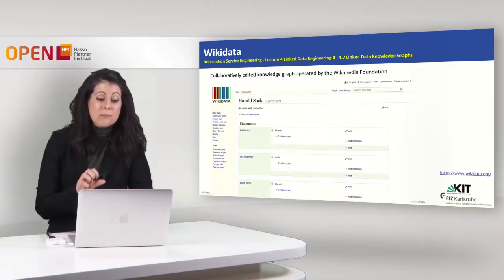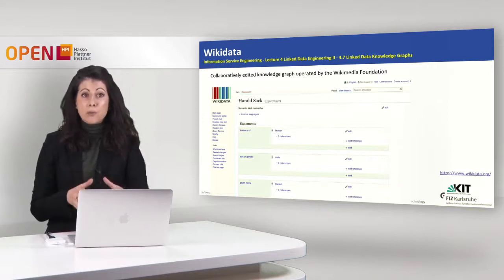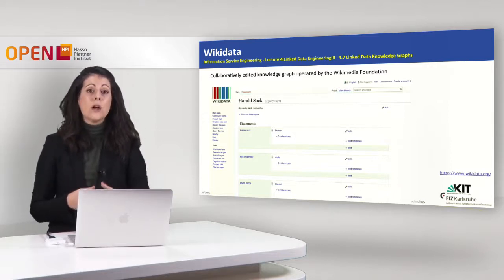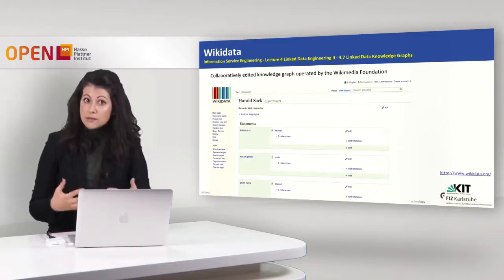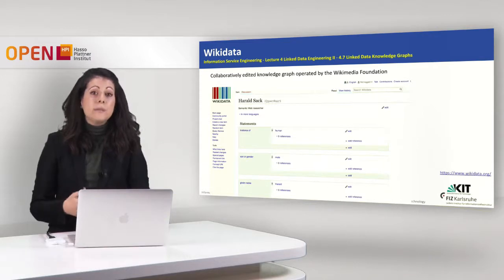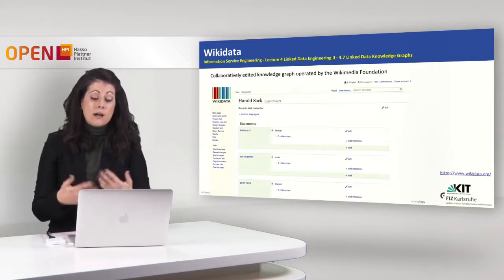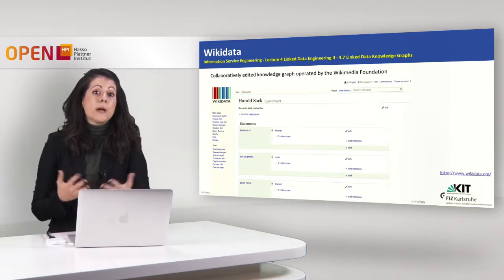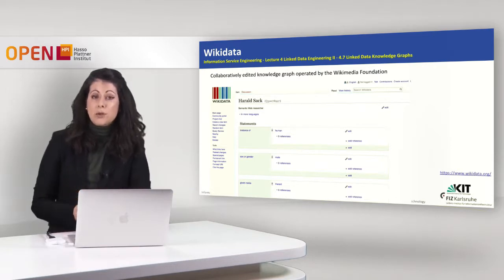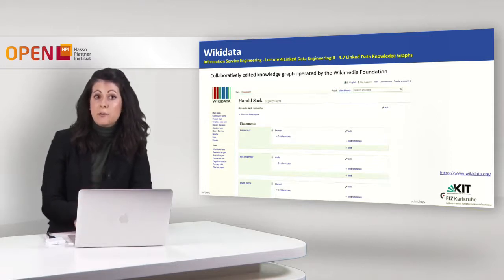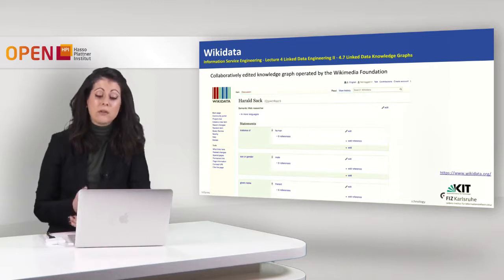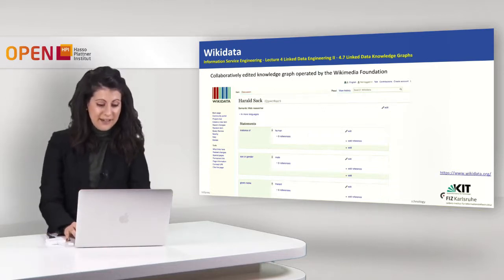If you noticed, I mentioned that this is a collaboratively edited knowledge graph, meaning that the information in there is not only extracted automatically from some other source, but in addition can be edited and added by users. So you can become a user in Wikidata and add new information there, new triples, or even edit existing information in case there is a mistake, for example. And personally, I find this really cool.